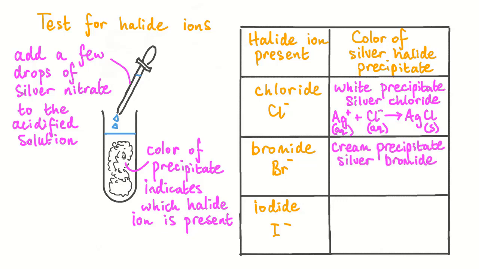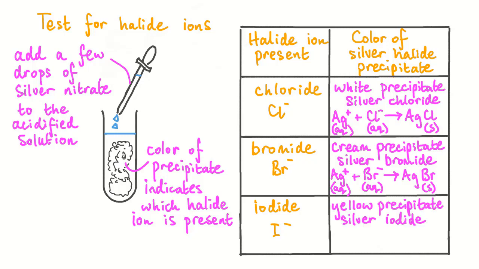Bromide ions will form silver bromide, which is a cream-coloured precipitate. Aqueous silver ions react with aqueous bromide ions to produce solid silver bromide. Iodide ions will form a yellow precipitate of silver iodide. Aqueous silver ions react with aqueous iodide ions to give silver iodide, which is a solid.